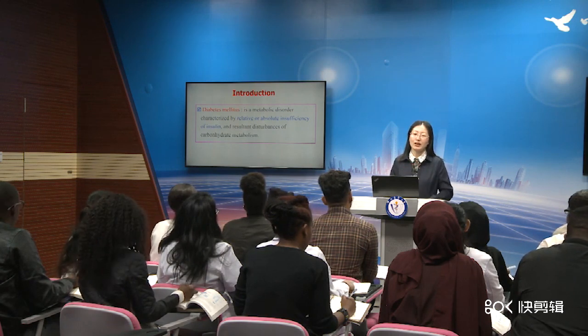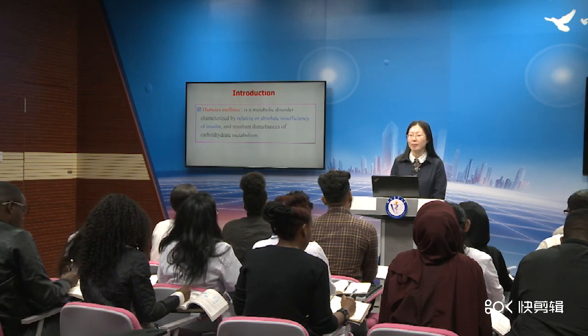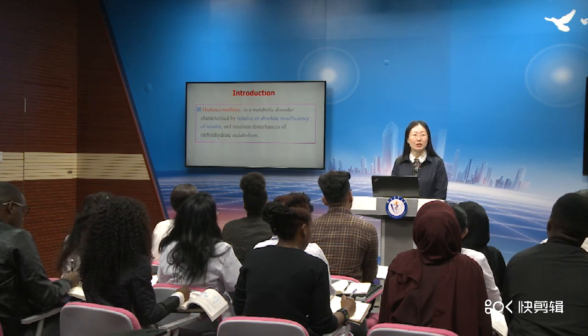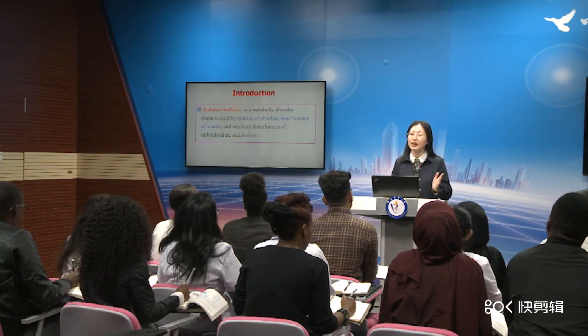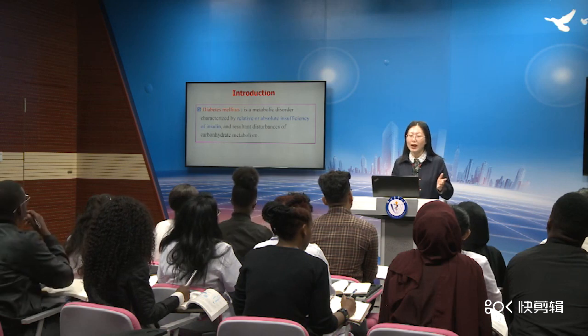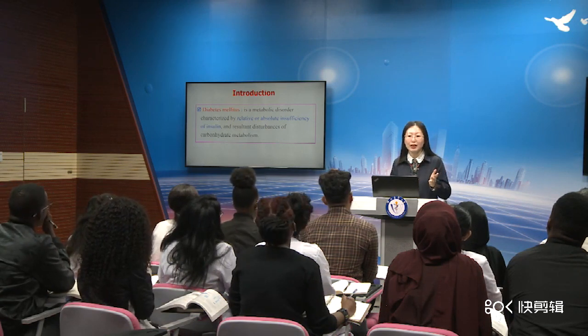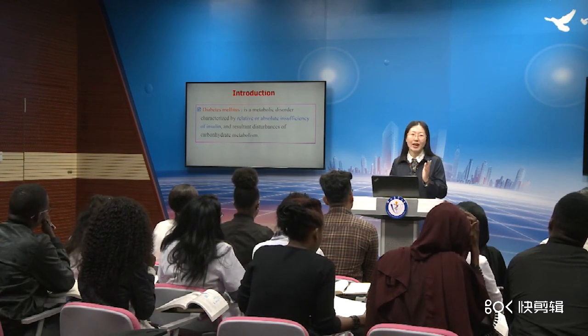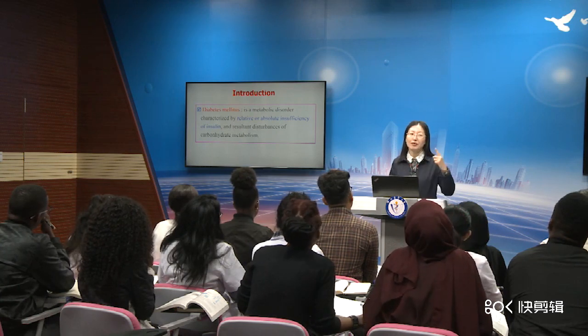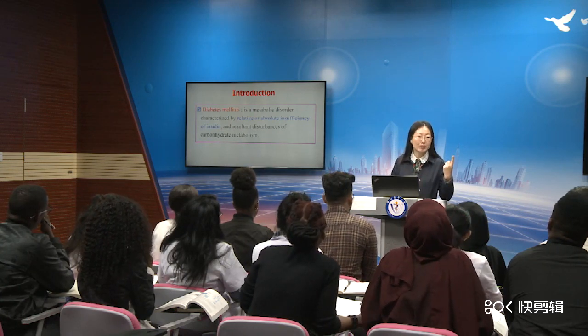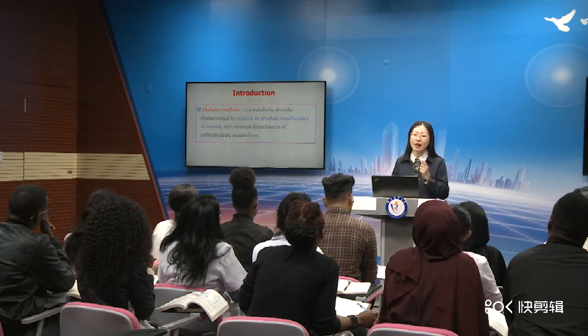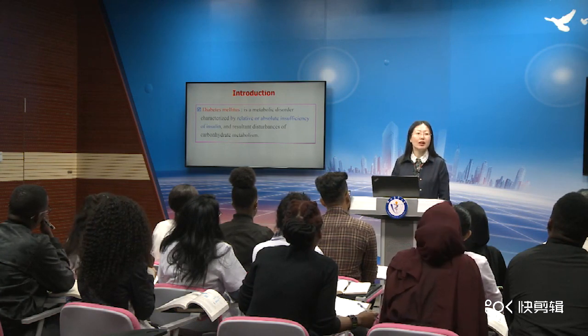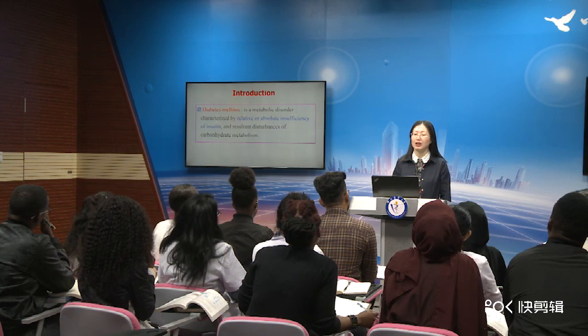The second word is absolutely. What's the meaning of absolutely? It couldn't release insulin. Why? Because the beta cell is destroyed. For example, the first kind of diabetes mellitus patients, IDDM patients, have absolute insulin insufficiency.